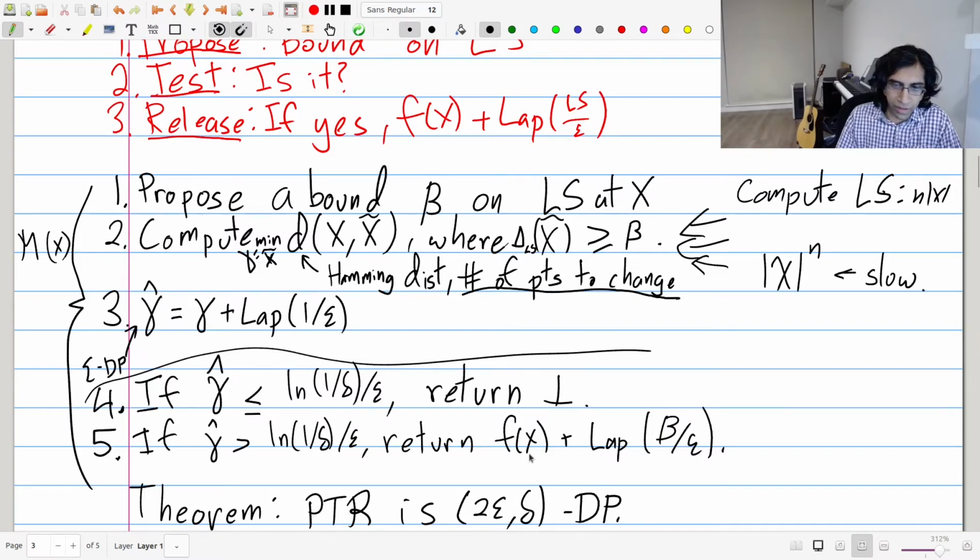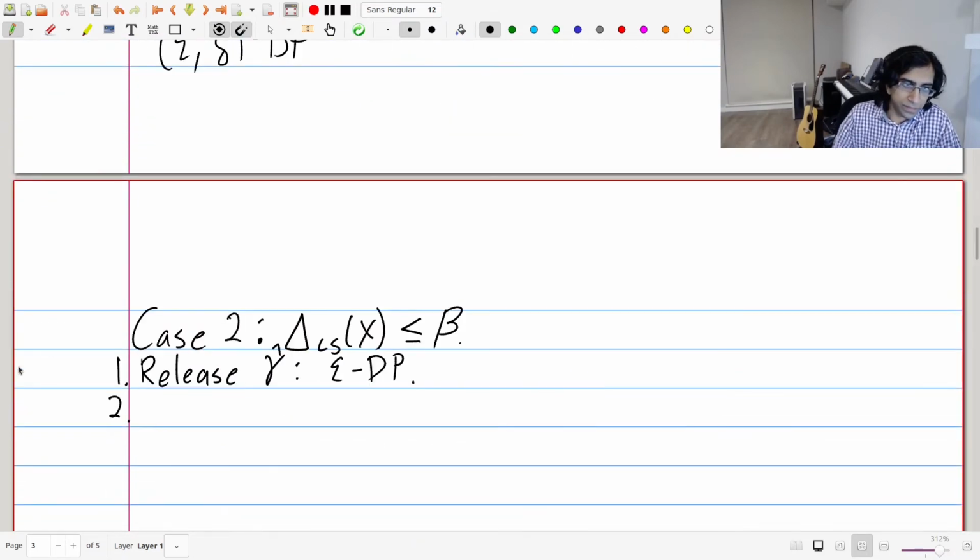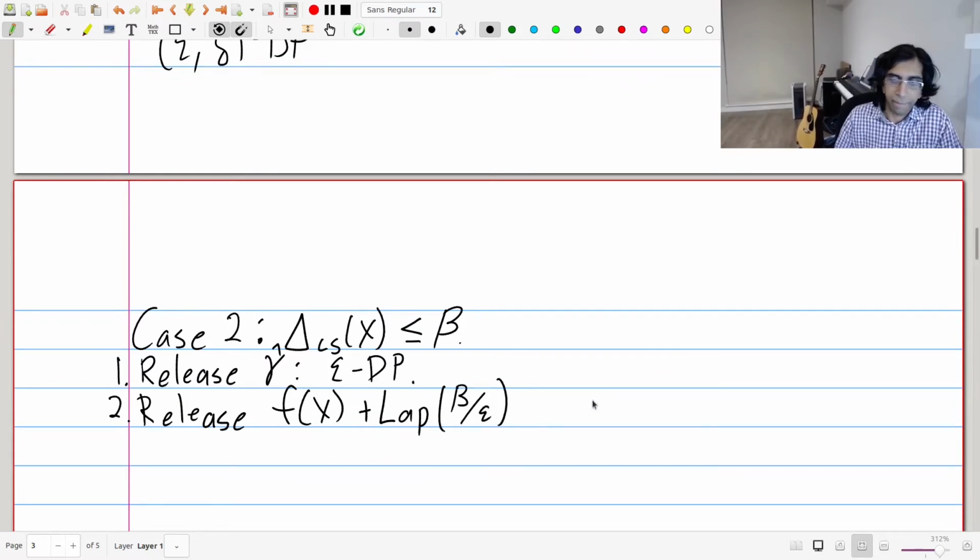we return something which has a valid upper bound on the local sensitivity, and it's obtained privately. In particular, this part is to release f of x plus Laplace of beta over epsilon.